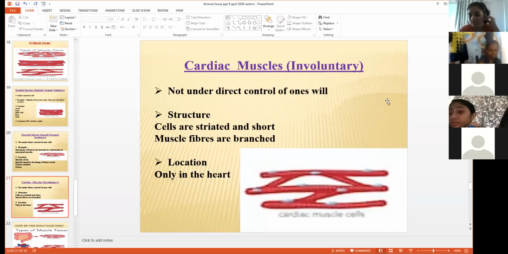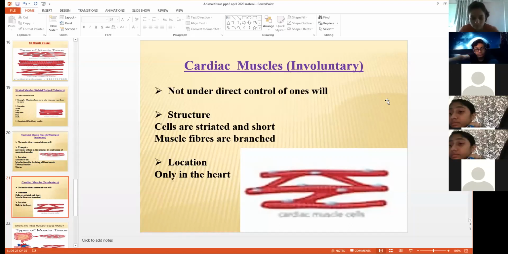The heart is something where the healing system has to be fast. But if you have a cut on the skin, it's okay. The amount of blood you are losing is very less. It depends on what part of your body is getting damaged. Are you understanding that? Yes, ma'am.